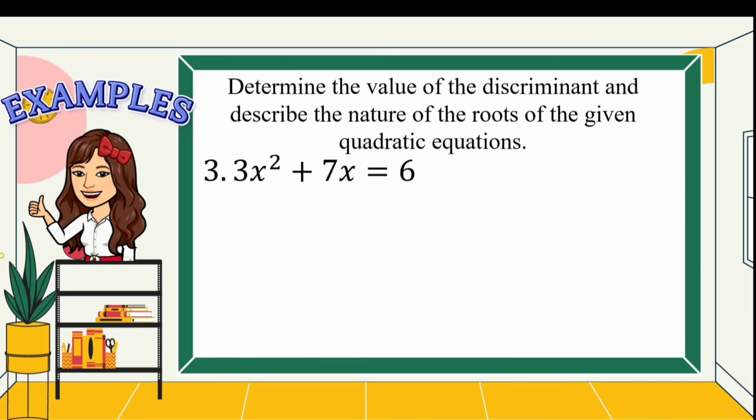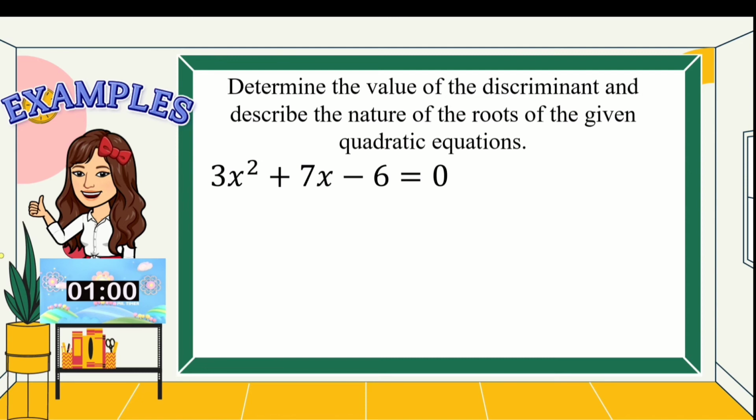For example number 3, 3x squared plus 7x is equal to 6. Again, it is not yet in standard form. Let us transpose 6. So the equation will be 3x squared plus 7x minus 6 equals 0.